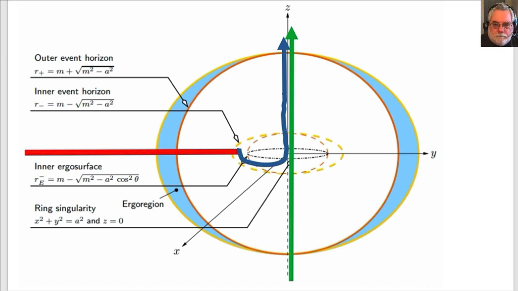Physicists say that it is theoretically, mathematically possible to plunge through the center of the singularity ring to pass into another universe, not our universe, but where Einstein's general relativity still applies. I'm showing this possibility as the red, then blue paths.